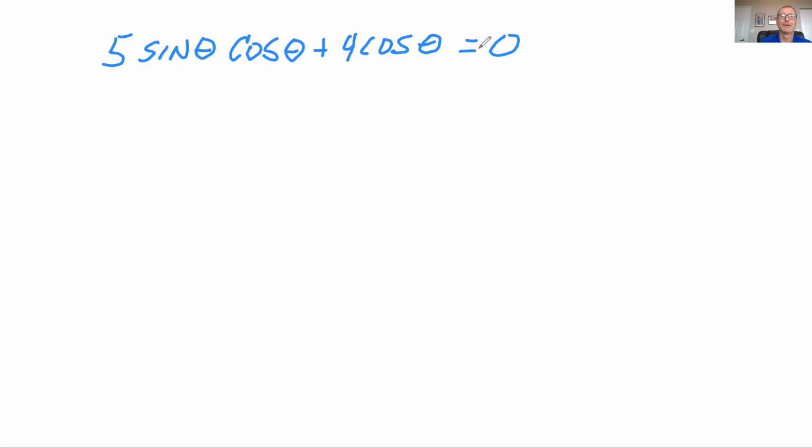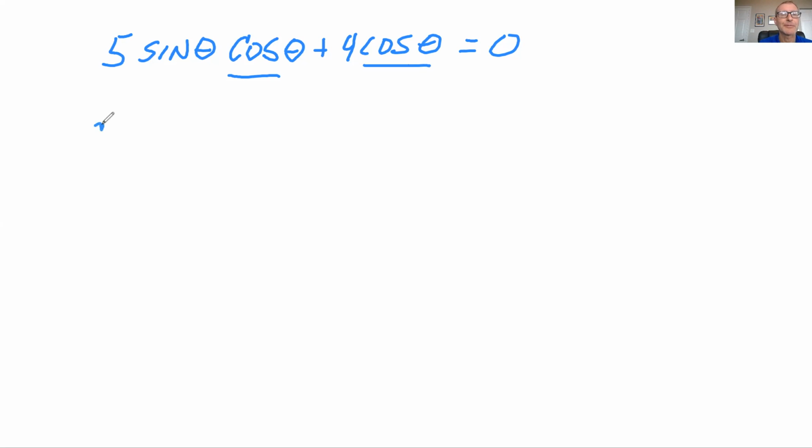Okay, well, what do we do with this? Well, there's a couple of things. I see the factorization right away because we have a common factor of cosine of theta here. So remember, when you see a common factor in both of the terms, and the terms are separated by a plus or a minus, we can just factor that out.